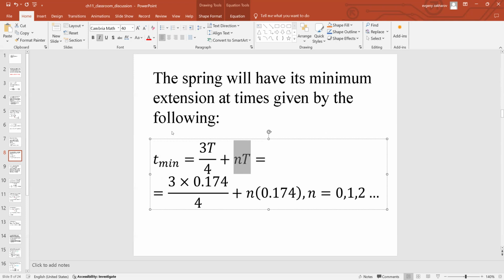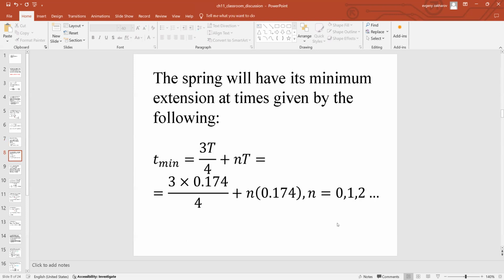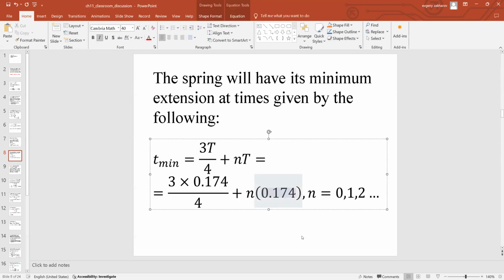Yeah, minimum extension says 3/4, and maximum compression is the other way. So this problem really resembles the problem that we discussed in lecture. There was a question on where are we after a certain amount of time. So if you still have problems understanding the 3/4 or 1/4, go back to lecture notes and practice the quarters and halves of the period for a given setup.